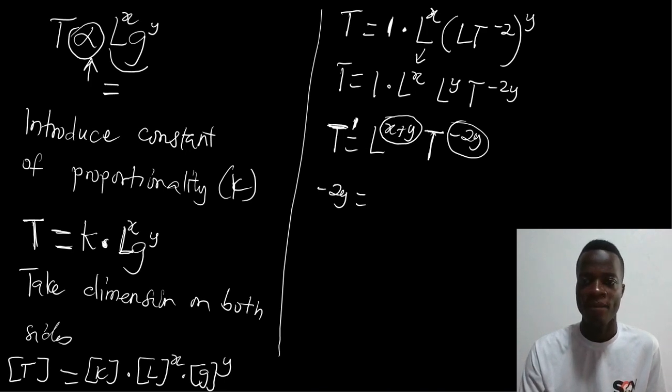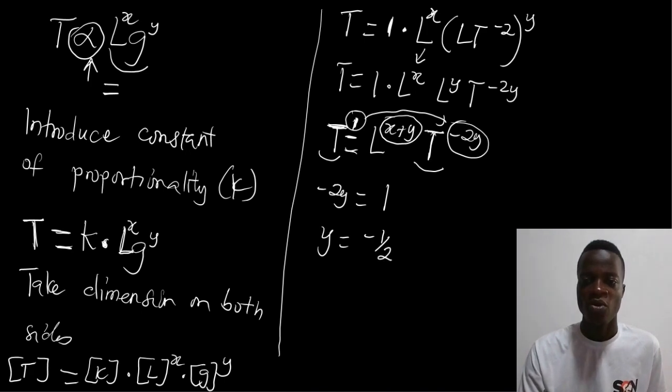On this side, we have T to the power 1. On this side, we have T to the power negative 2y. You need to compare their power indices because their bases are the same. So negative 2y is equal to 1. Then y is equal to negative half.